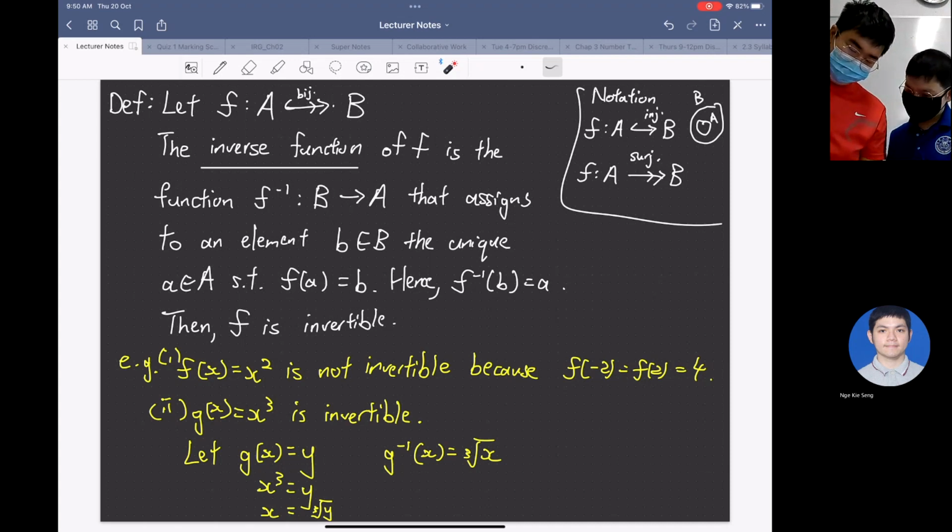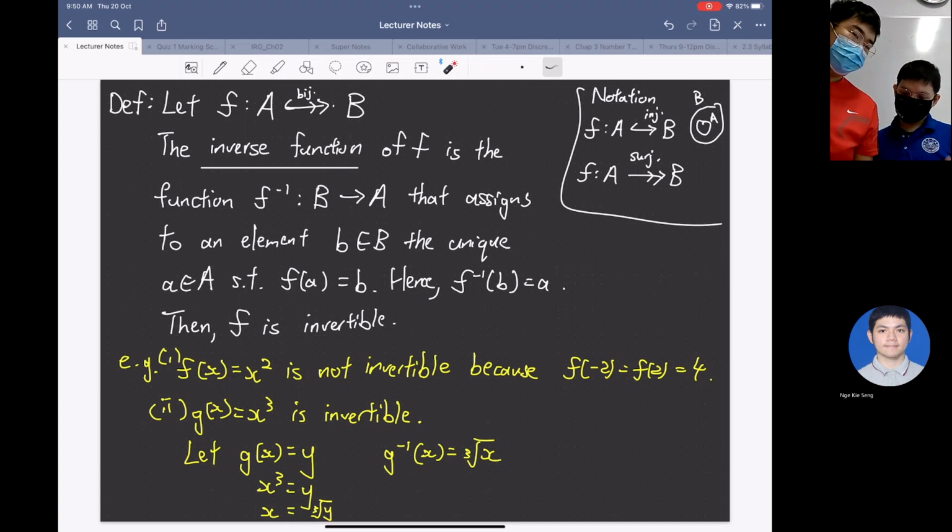And actually, it's an odd function, so its graph will be symmetric with the zero point.